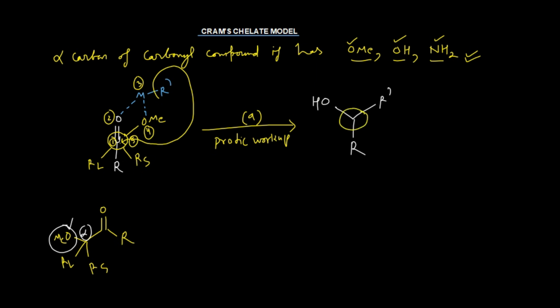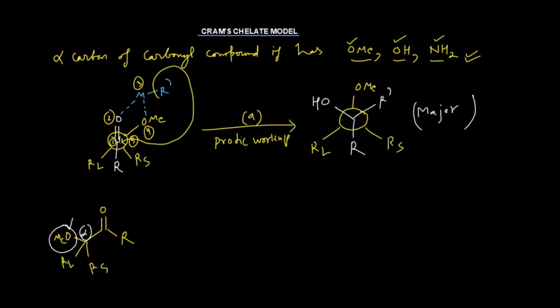And on the rear carbon you are having the different types of groups, right? So OMe, and then you are having your RS, and then you are having the RL. Okay, so you see here, this is your RS, this is OMe, this is RL. So this is one of the isomers, because it is coming from the direction where the smaller group is situated, right? So definitely it would be the major one.